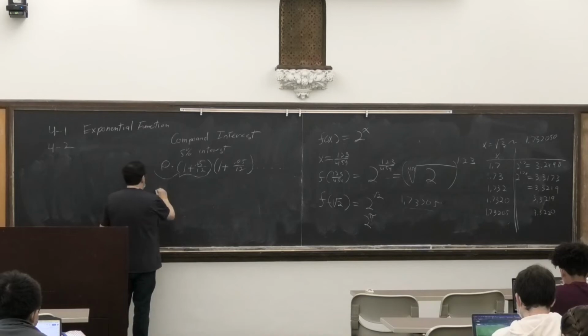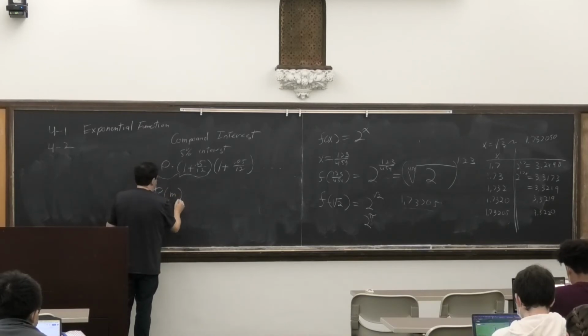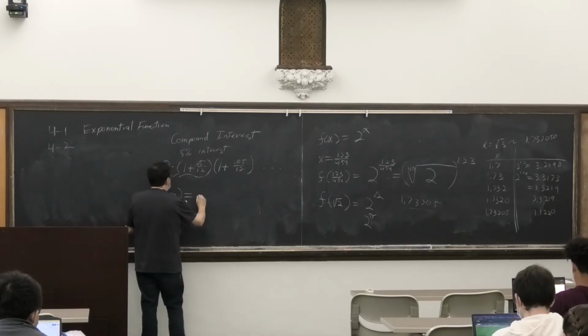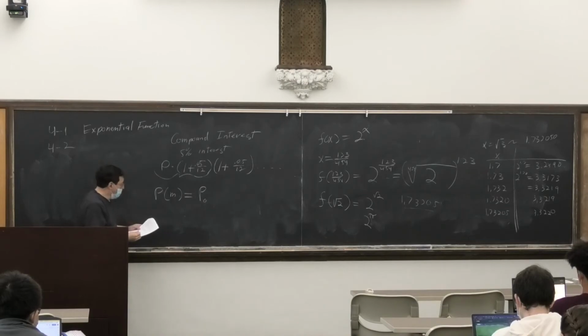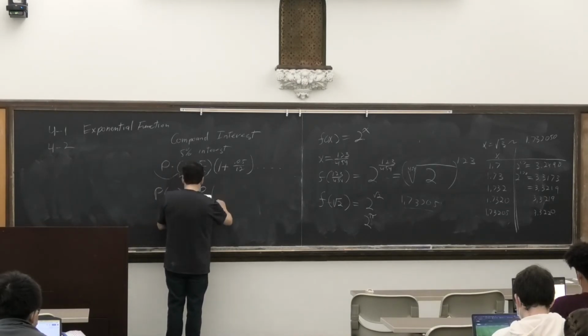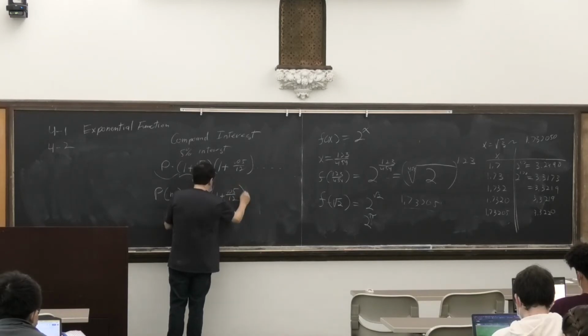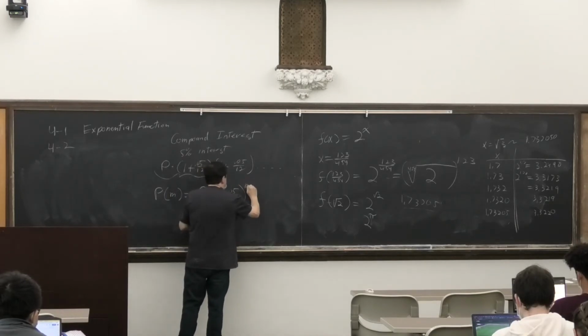So we can write this as P, with M the number of months you put your money away, using P0 as your original amount, times 1 plus 0.05 over 12 to the M.